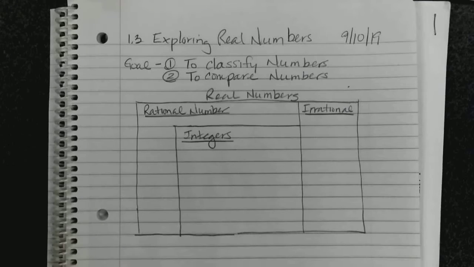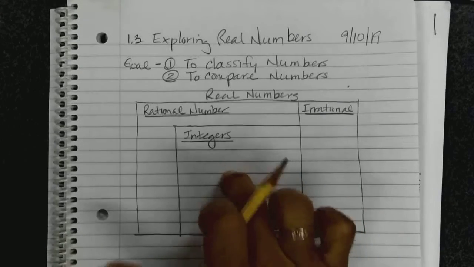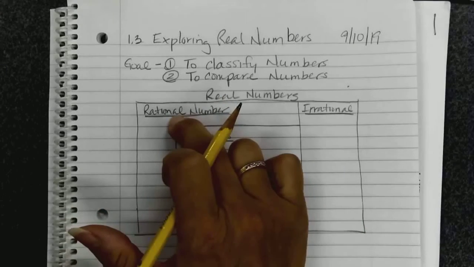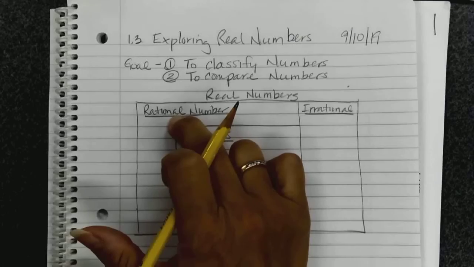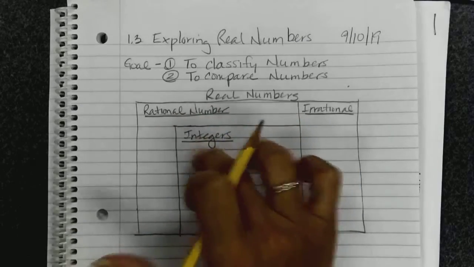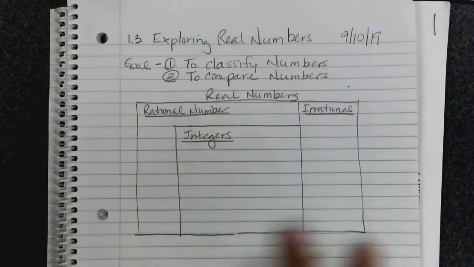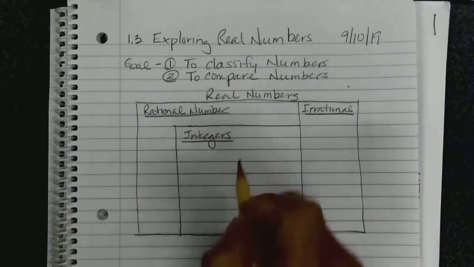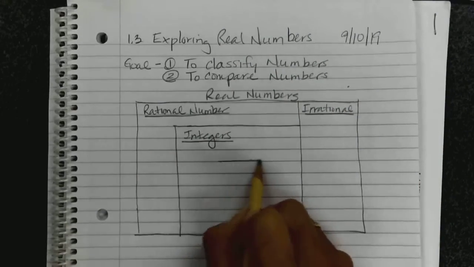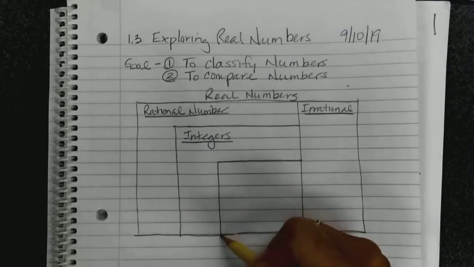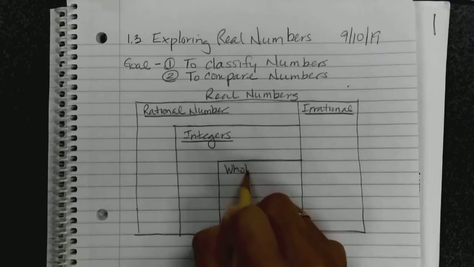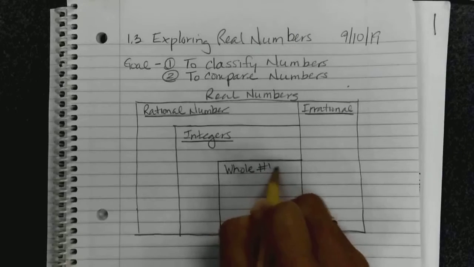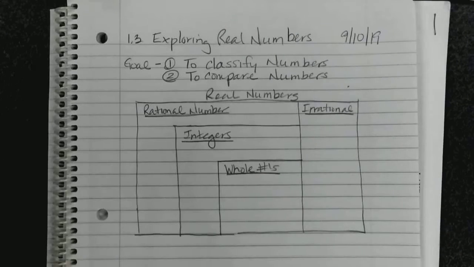We have integers in there. So integers are rational numbers, and also considered real numbers, which all falls under this box. And then inside the integers, we have whole numbers.